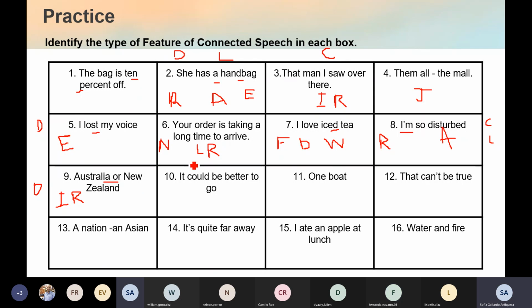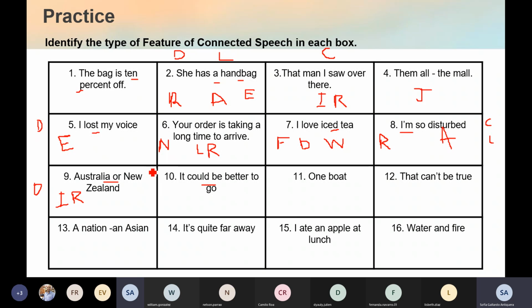But in this case, we have an assimilation. Why do you think? Any ideas where the assimilation could be happening? In could be? Yes. Can you explain that? I'm not sure, but I knew that there was something, I was between an elision of the G, but I don't know, could be. Well, it is actually assimilation.